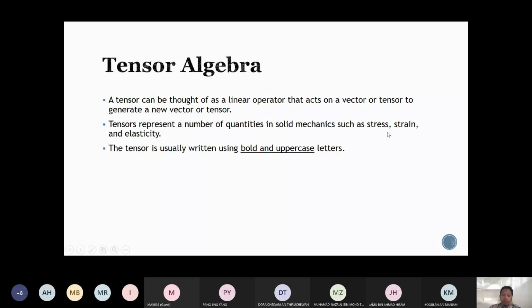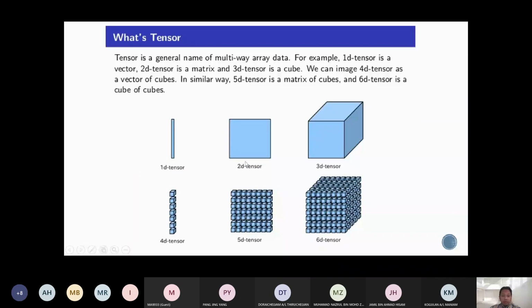We will see more on this in 2 weeks time. In books, usually we write a tensor using an uppercase letter in bold. A tensor can also be thought of as an array of data.